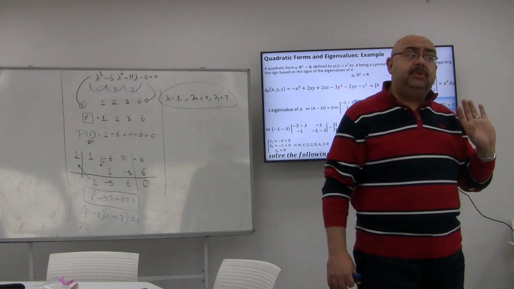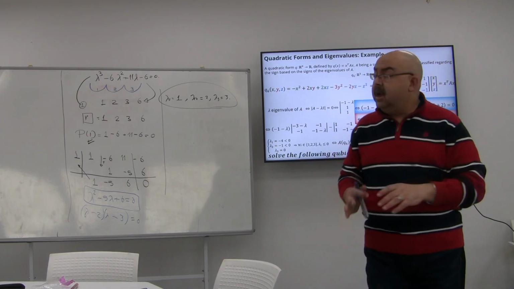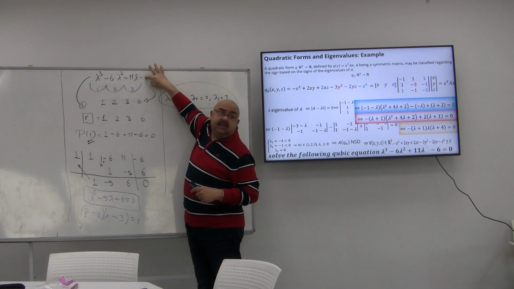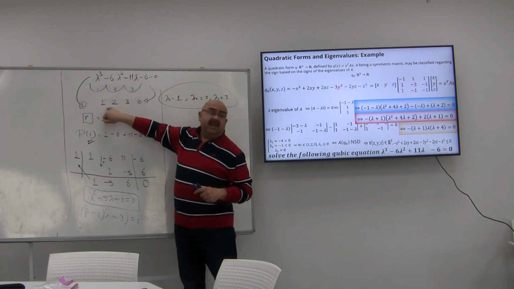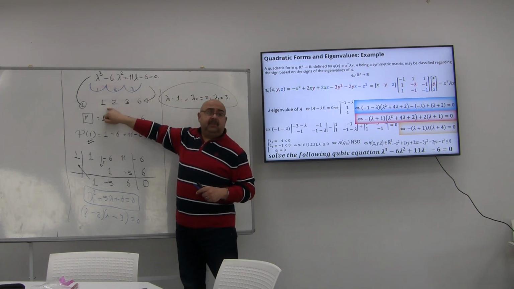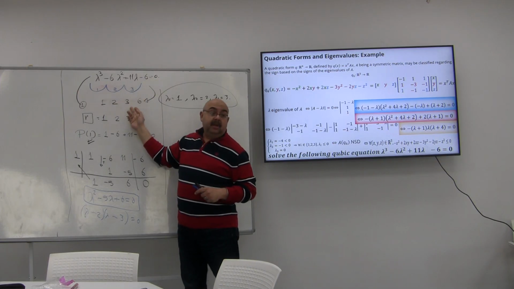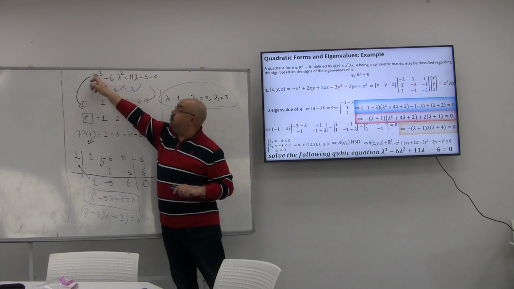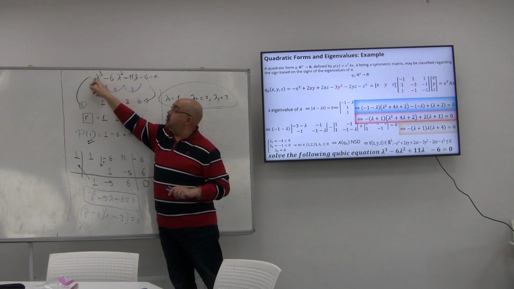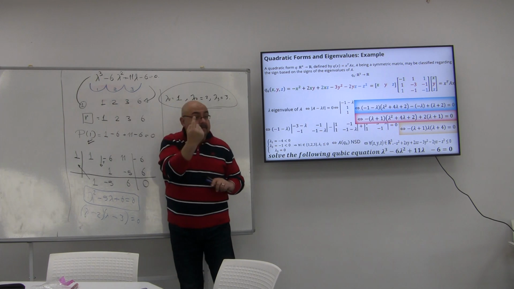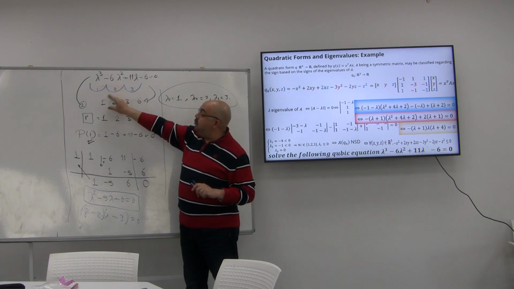How to search for this positive root? Simply, I will go to the free term, the 6. I will factorize it and see which numbers, when multiplied, give you 6. It's 1 and 6, and 2 and 3. In the same way, I will go to the coefficient of the highest-power term and factorize it, which is positive 1. Divide them by each other.